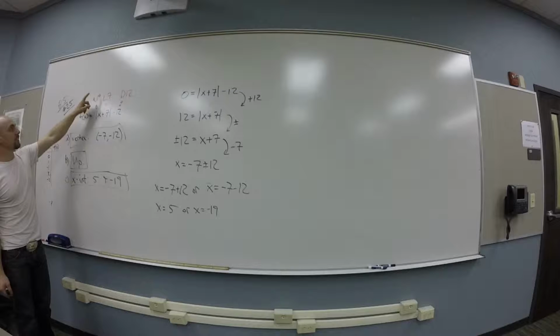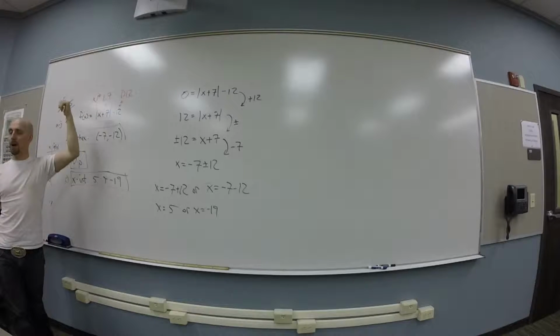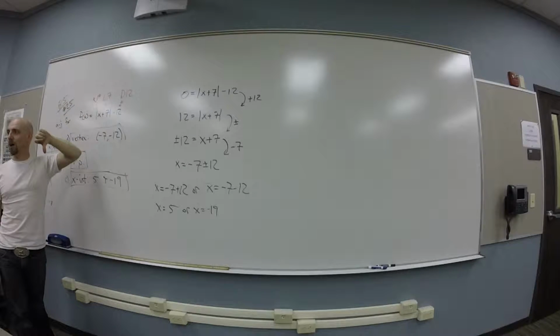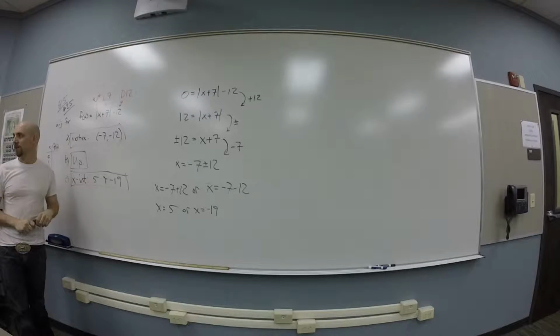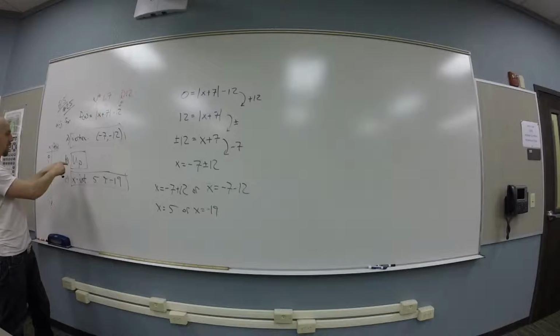Or you could think, okay, it's a V. I shifted it back 7, down 12. I could count over 1, up 1, over 1, up 1, 7 times, because remember those V's go over 1, up 1. Be super annoying, right?